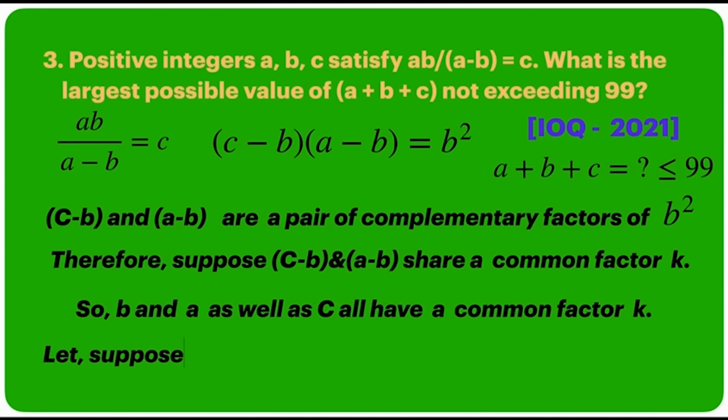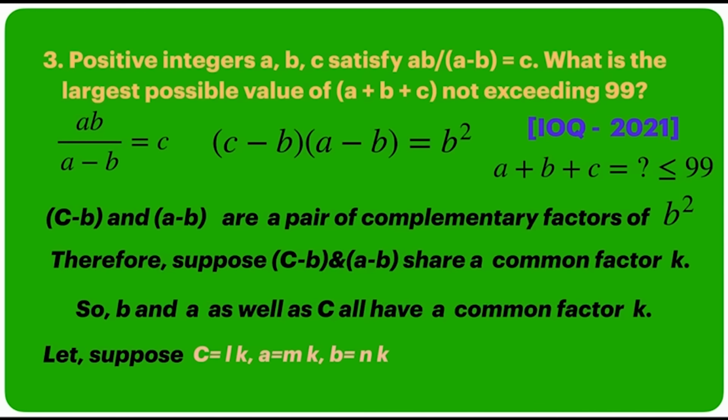So suppose c equal to lk, a equal to mk and b equal to nk. For a suitable advantage, we can just guess the value of c, a, b, because all the three terms c, a and b have a common factor k, so we can guess the values as lk, mk and nk.